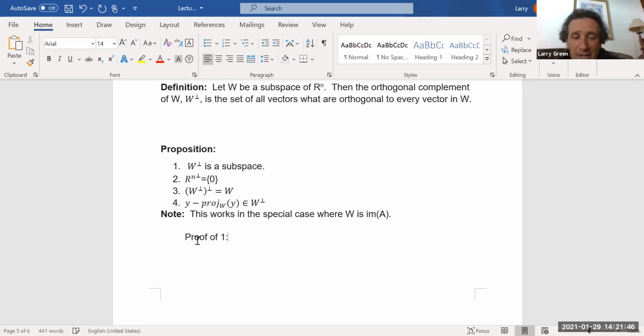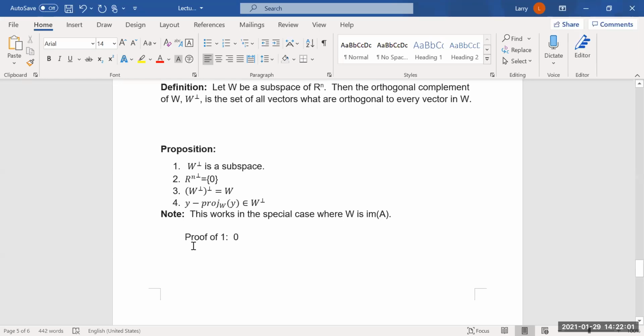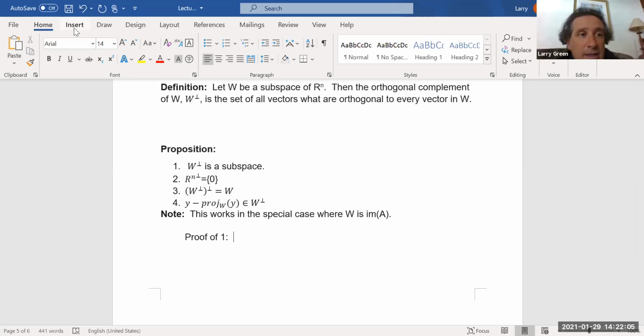I don't think I'll have time for all three of them, but I want to do one because one's really important. Well, what's the first one? Who remembers? It contains the 0 vector. Yeah. So let's write it as a math symbol.